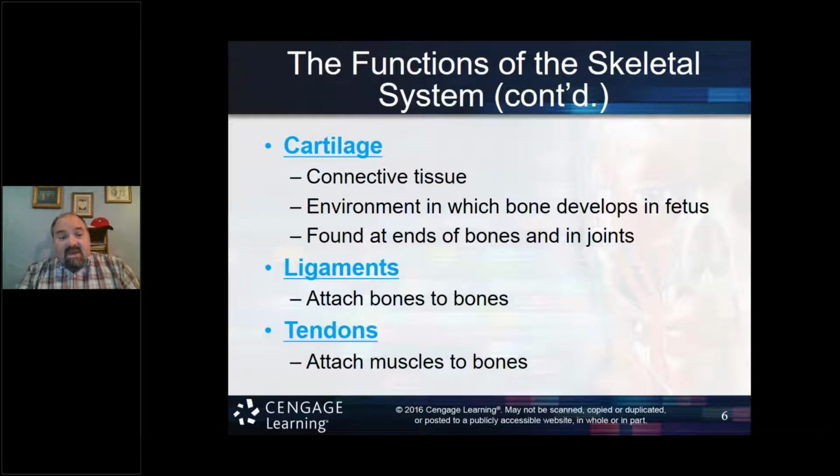Realize that, like I just said, the ligaments are connecting bone to bone, the tendons connect the skeletal muscle to the bones, and the cartilage protects the ends of bones. Also remember that the skeletal system begins as primarily hyaline cartilage throughout.